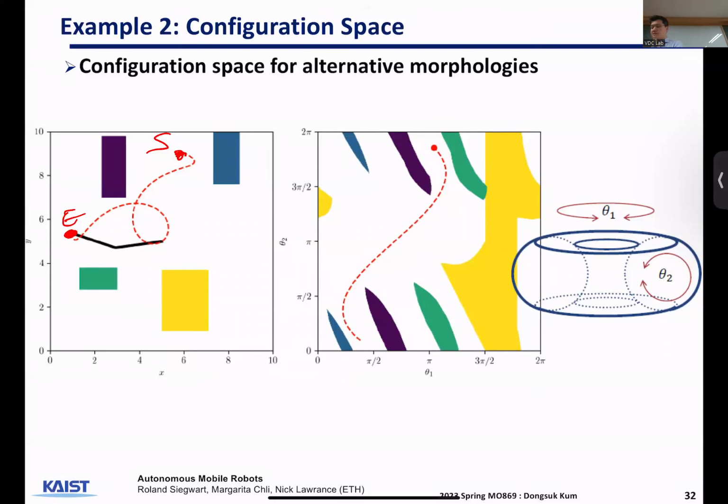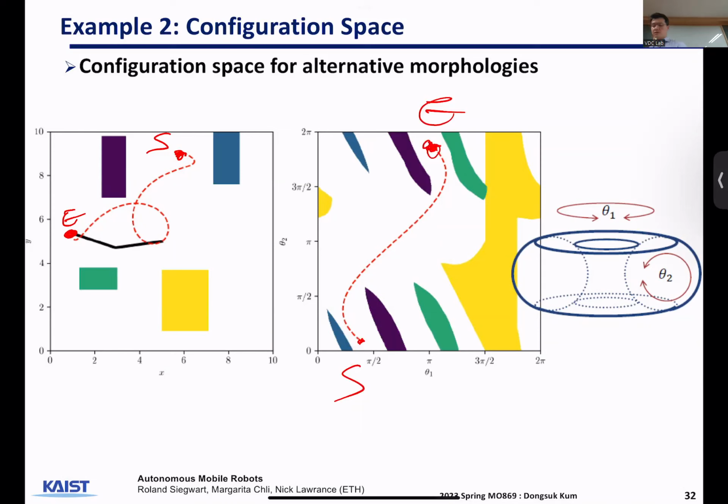But in the configuration space on your right side, this is theta 1, theta 2, which you can think of as actuator space. Theta 1 is what you're controlling, and you're controlling theta 2. This was the endpoint, and this was the starting point.